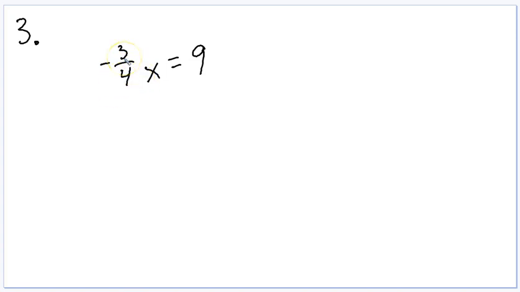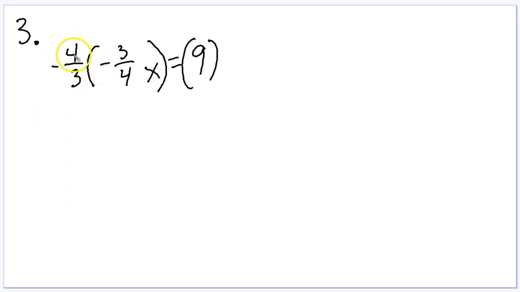So how do we divide fractions? Keep, change, flip, KCF, okay? So I'm going to end up multiplying instead of dividing because we're keeping the negative 3/4. We're changing division to multiplication, and then we're flipping the 3/4. So it's going to be negative 4/3.